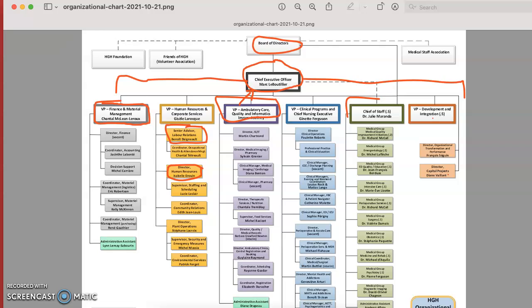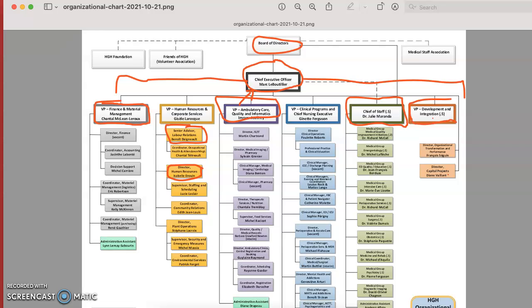Chief of staff, or sometimes you hear it called chief medical officer, oversees all the providers. So those providers, whatever disciplines there are at the hospital, would report up through the chief of staff, who then reports to the CEO.